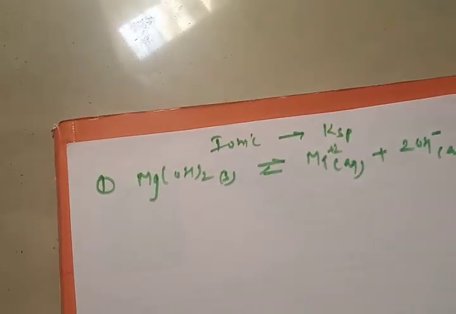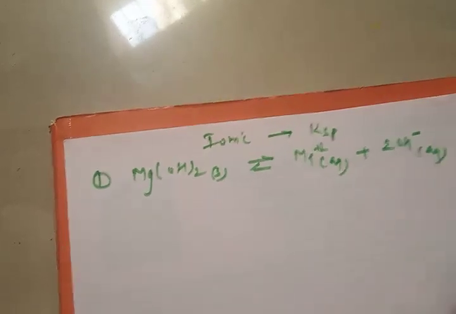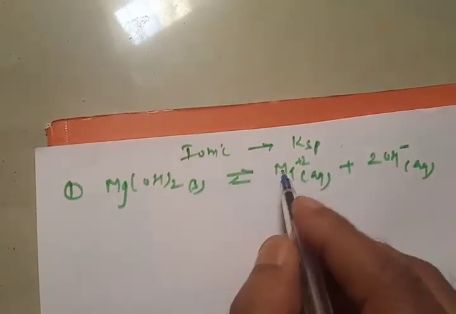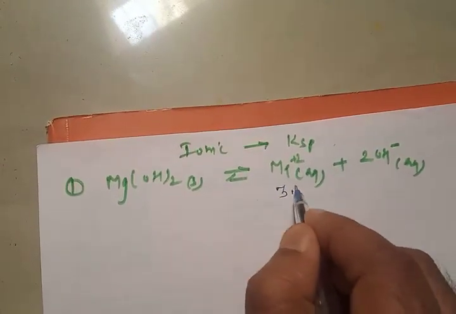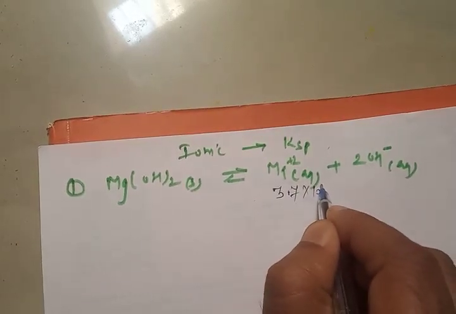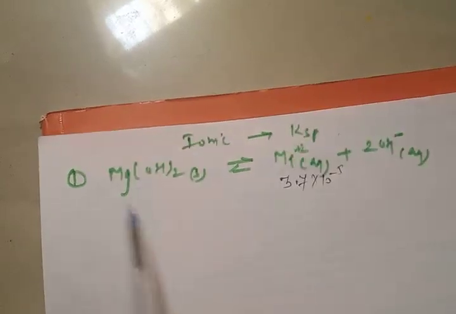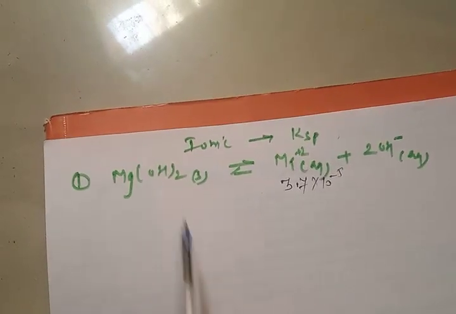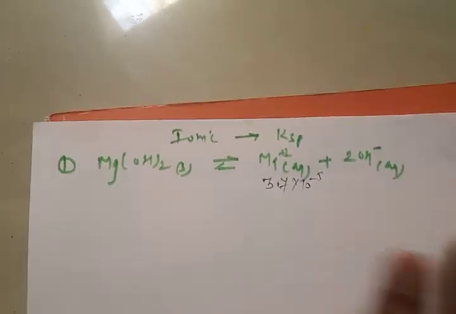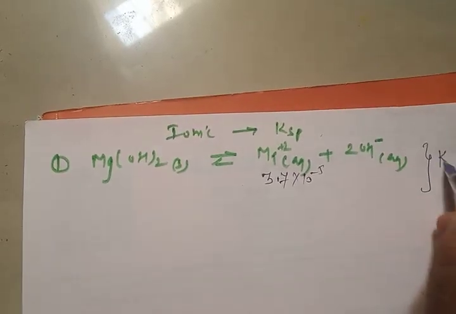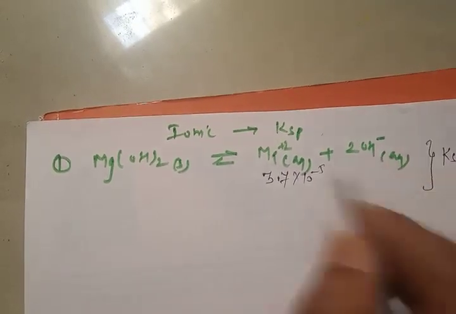Now you have a given value. This value which you have given is 3.7 × 10^-5. No other value is given, and you have to find out the solubility product, Ksp, with this value.